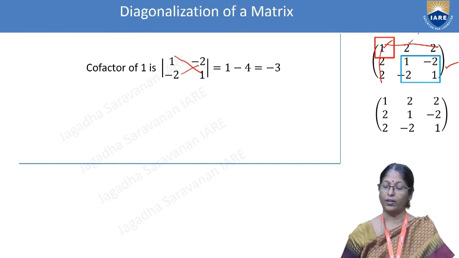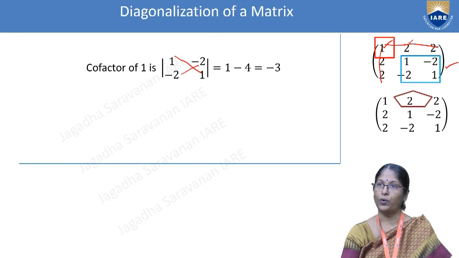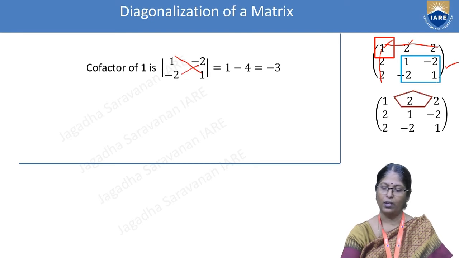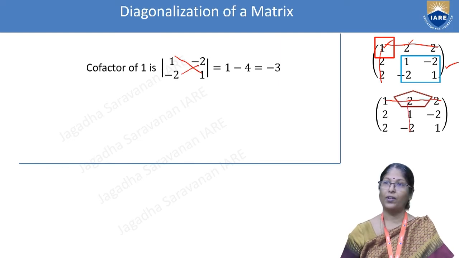Now we will move to the second one, this one. This position is a negative position. That's what I told already. For the negative positions I used the pentagon shape. So the corresponding row and column are cancelled. The balance we do the cross multiplication.